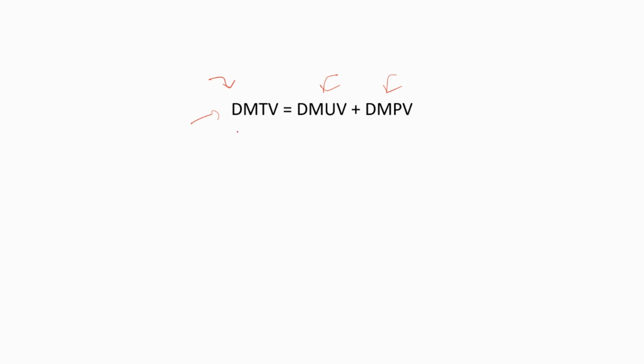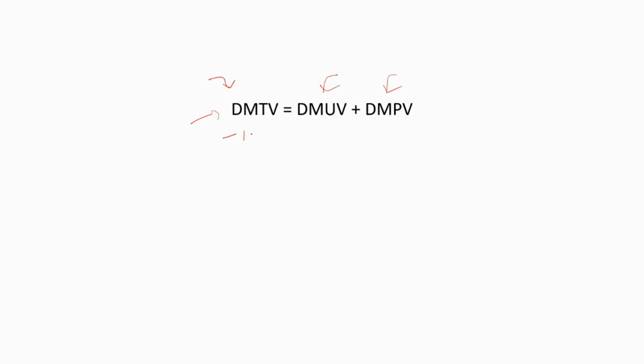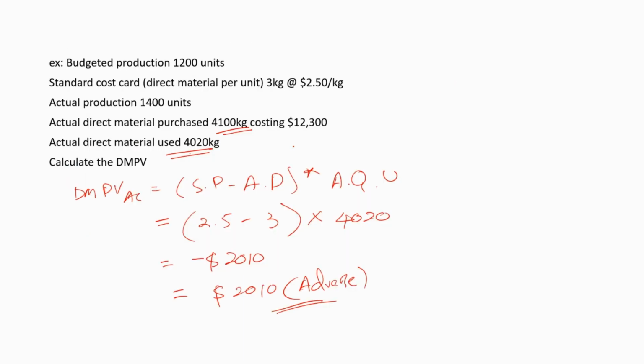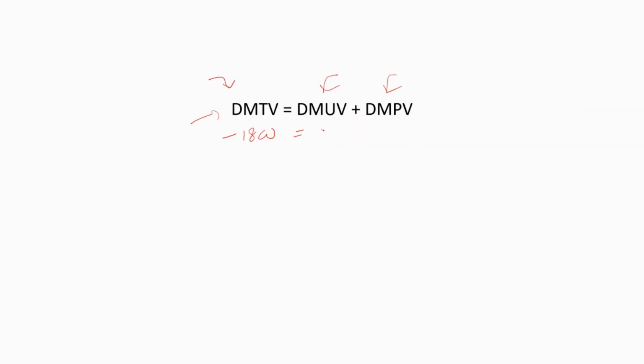Now, let's use this equation in the earlier example. The direct material total variance is equal to 1800. This is an adverse value. Direct material usage variance is $250 favorable.